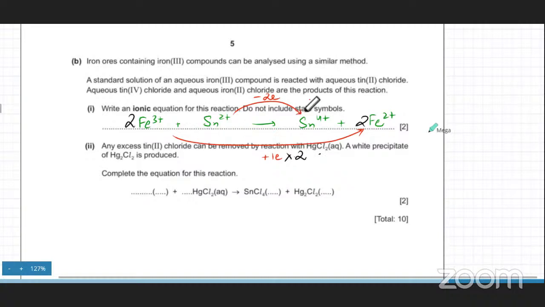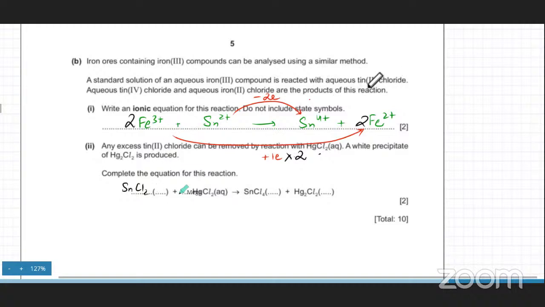After that, part 2 is an excess of tin 2 chloride can be removed by the reaction with HgCl2, giving a white precipitate. So everything is given. I think this one is tin 2 chloride, which they haven't written. That's Sn2+ with chloride Cl minus 1, so it's going to be SnCl2. And they've also given you the state somewhere. What was the state of tin 2 chloride?